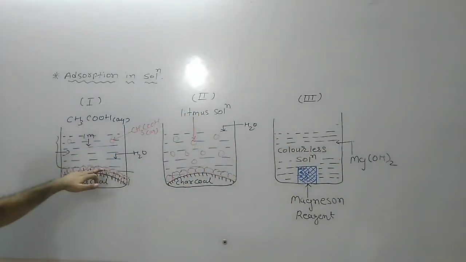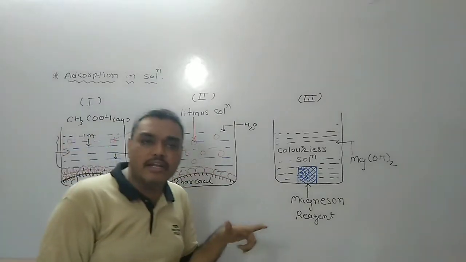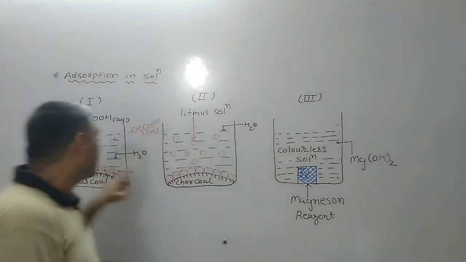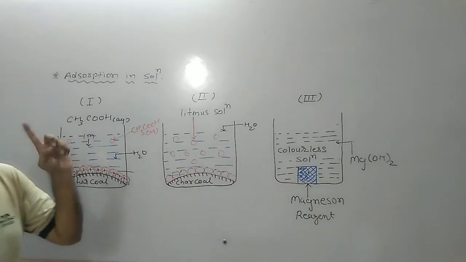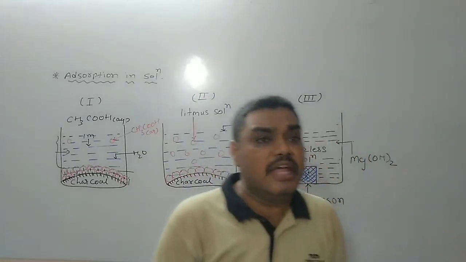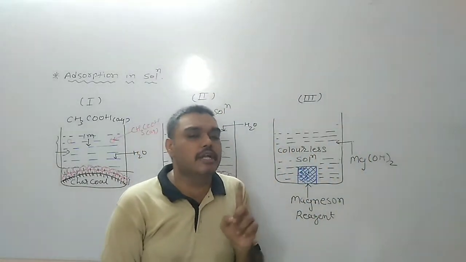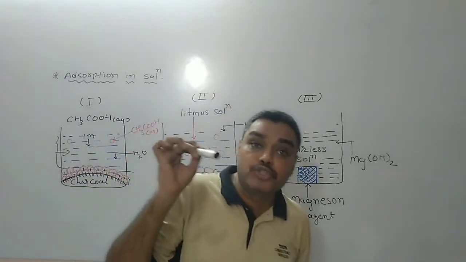Only solute particles are attracted, solvent cannot, and that's why only solute gets adsorbed on the surface, not solvent. If you take a pure organic dye or liquid, then no adsorption phenomenon takes place.